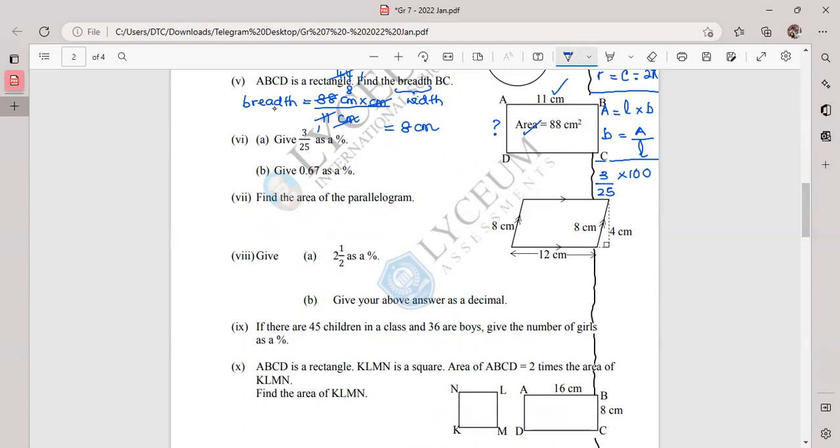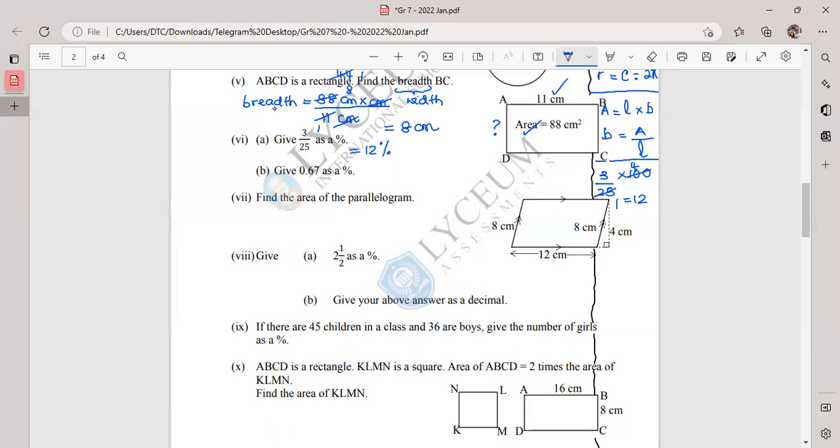What you should do, children, is convert this into a percentage after multiplying by 100. 25 times 1, 25 times 4. So 3 times 4 is 12. And your answer will be 12%, right? 25 times 4 is 100, 4 times 3 is 12. As a percentage, it is 12%.